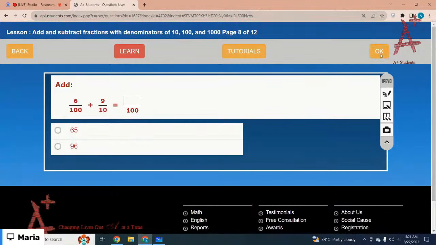Next one is 6 by 100 plus 9 by 10 equals missing number over 100. So which is the correct option? You have to multiply the fraction 9 by 10 by 10, right?